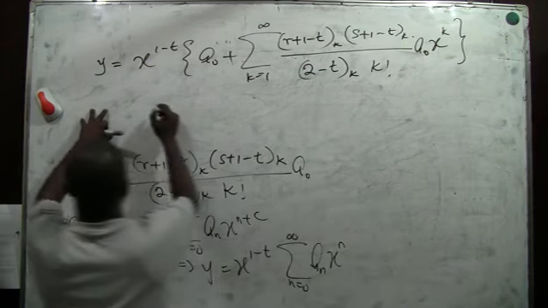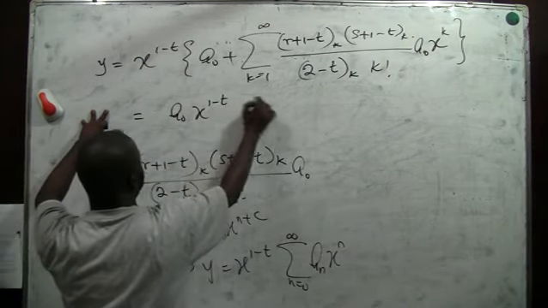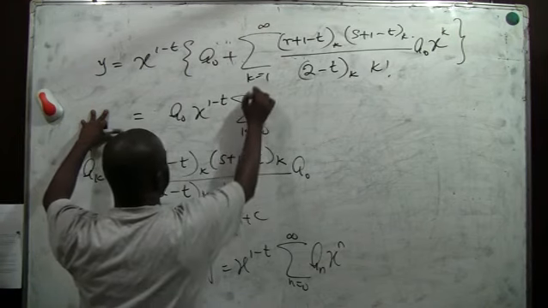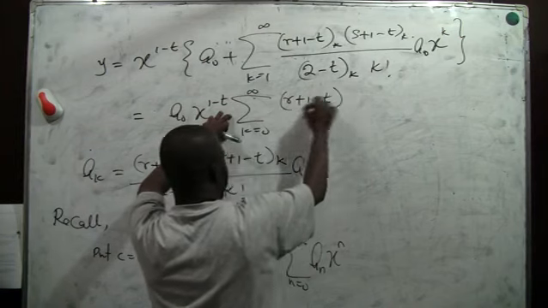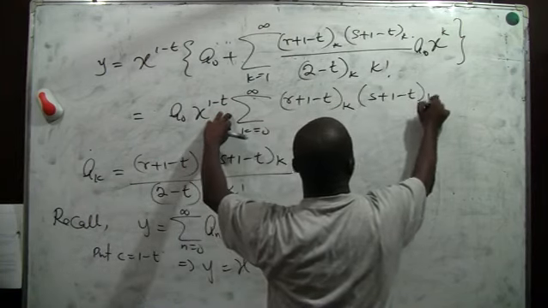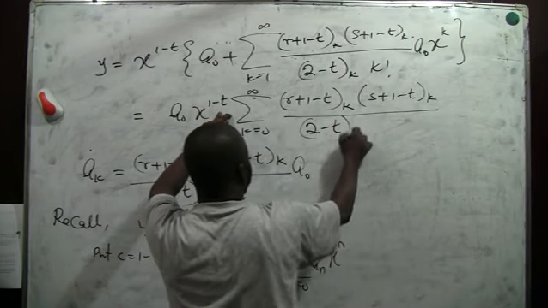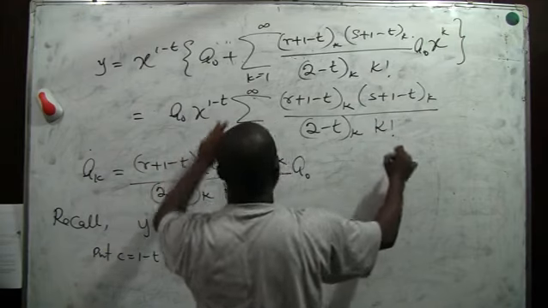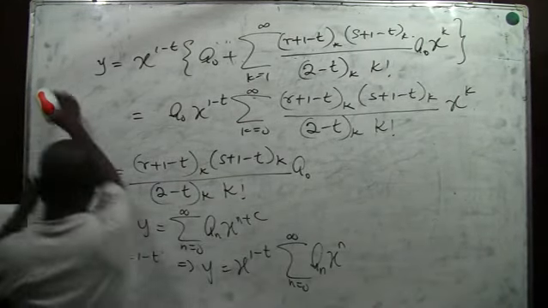which now gives a naught x raised to power 1 minus t summation k from 0 to infinity (r plus 1 minus t sub k), (s plus 1 minus t sub k) divided by (2 minus t sub k), k factorial x raised to power k, which is the second solution.